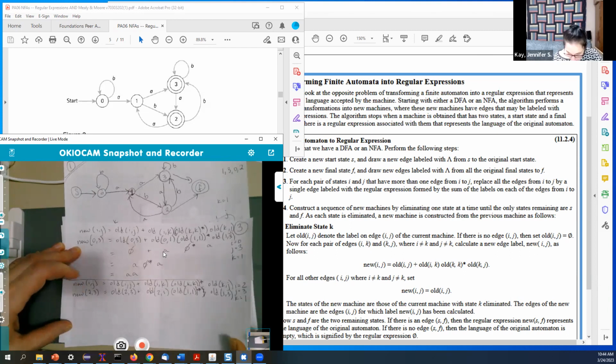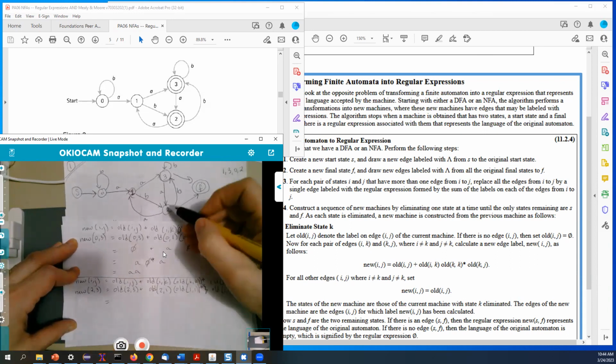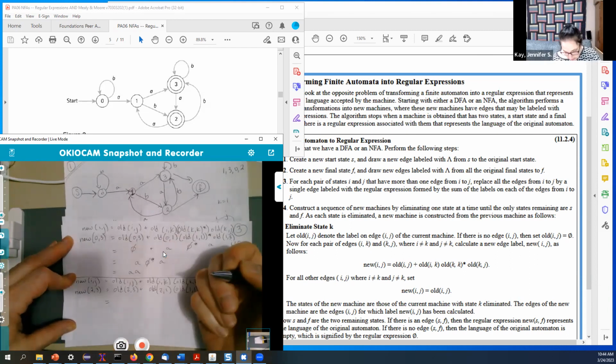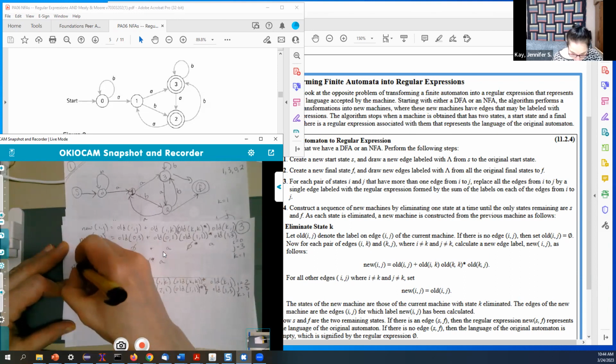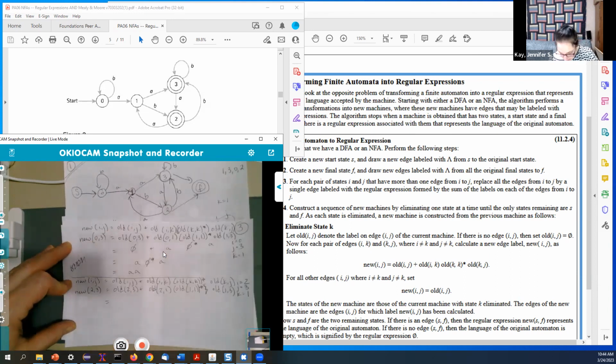Once you get this, it's a pain, but it's not terrible. The old 2, 3 equals B, because we're looking for the current path. It's like when you say x gets x plus 1: this is the old value and this is the new value. The old value is what we have up here. We're going to redraw it in a minute.